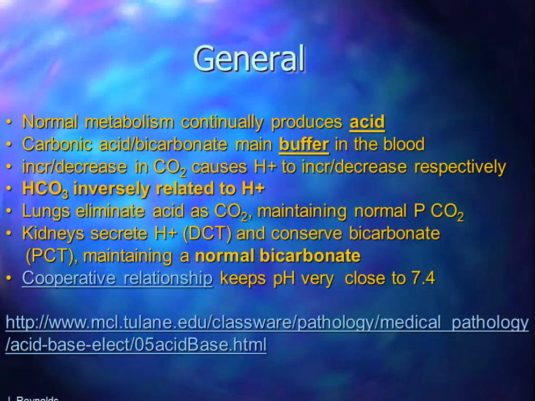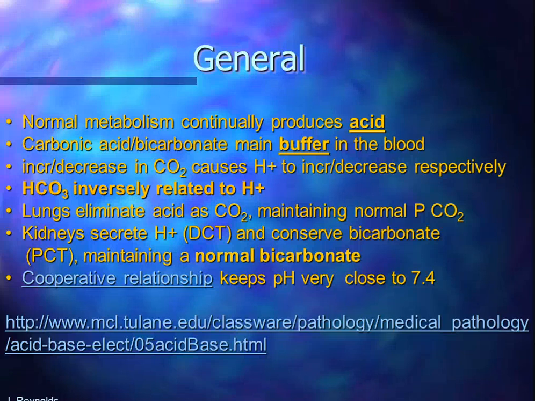Alright, so some things to think about as we go further into the acid and base control. I've already mentioned acid is the bigger problem. Carbonic acid and bicarb are the main buffers in blood. Changes in CO2 affect hydrogen ion because CO2 contributes to carbonic acid, and again, acids release hydrogen ion.